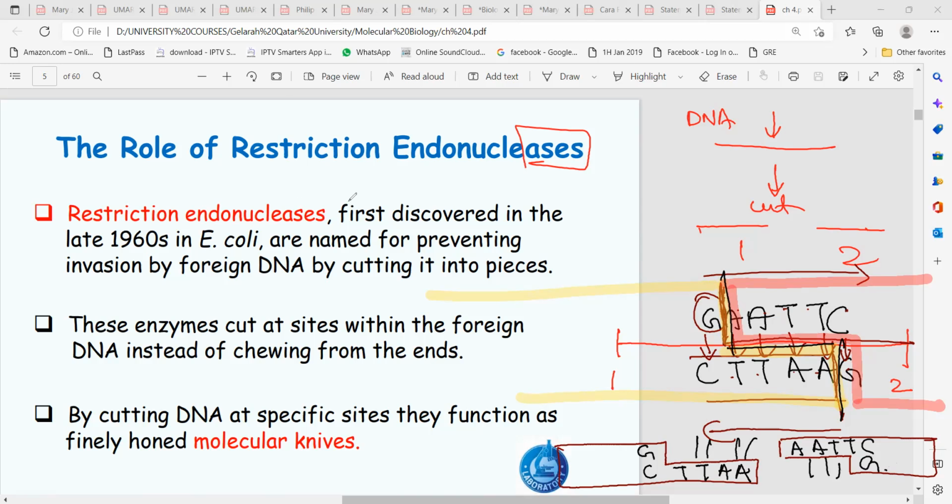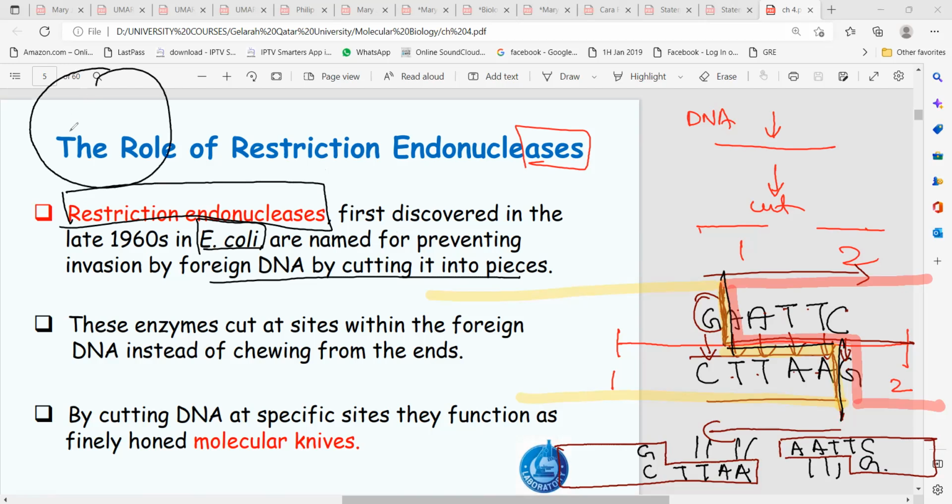So restriction endonucleases were first discovered in the late 1960s in E. coli. E. coli is a bacterium. They are named for preventing invasion by foreign DNA by cutting it. So restriction endonucleases are present inside the bacteria. Let's say this is the enzyme.